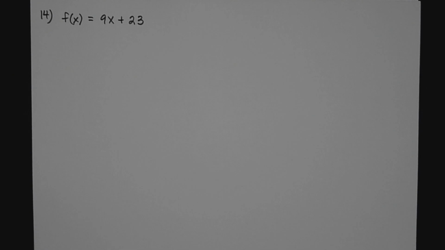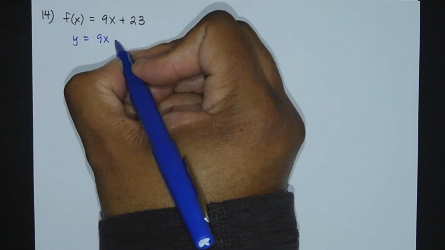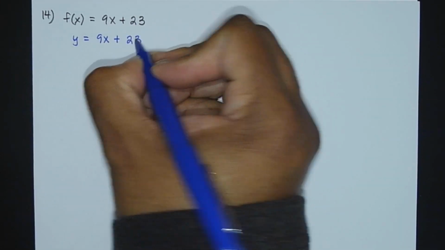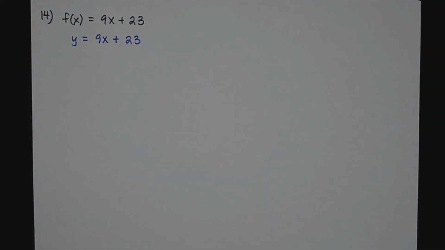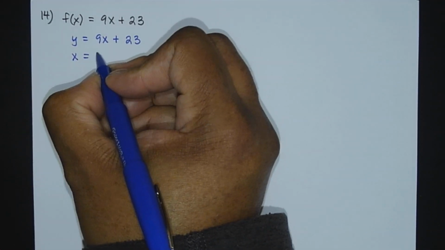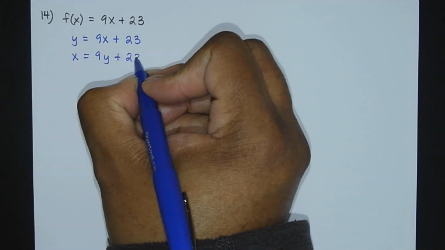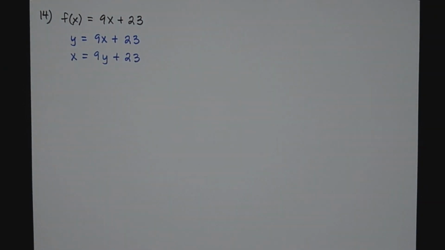So the first step would be to take that f of x and replace it with y. So it'd be y is equal to 9x plus 23. And then the next step would be to interchange x and y. So that means x is equal to 9 times y plus 23.